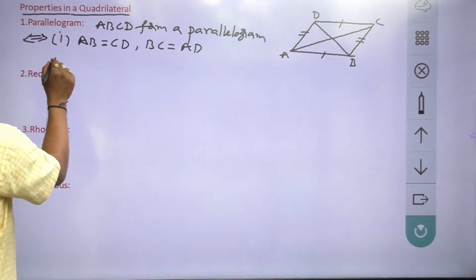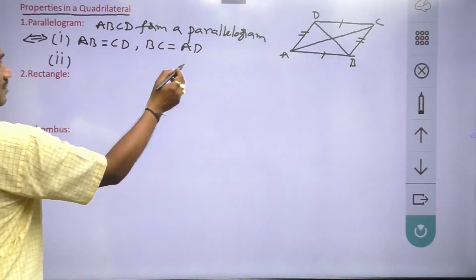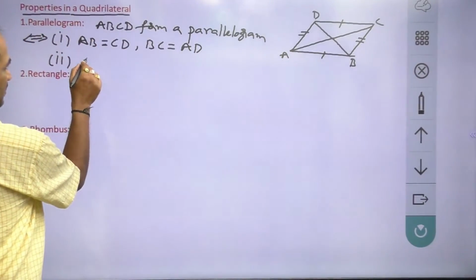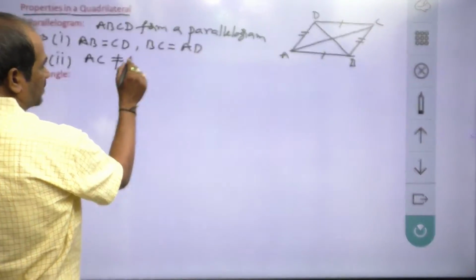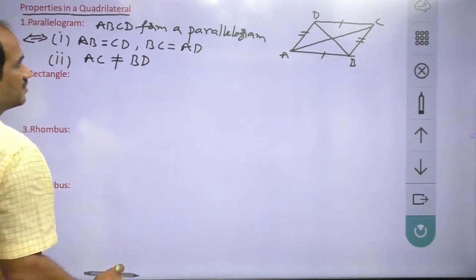Next, in the second condition, the diagonals: AC is not equal to the second diagonal BD.